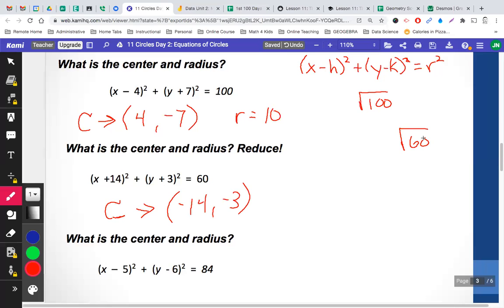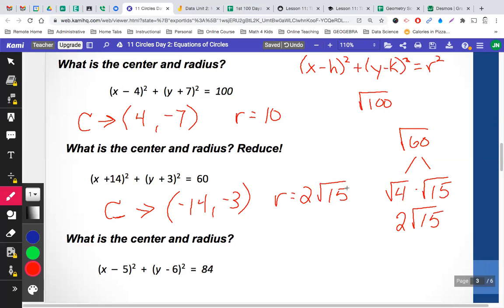Unfortunately, I think it's the smallest perfect square, or one of them. It's 4, and the square root of 4 is 2. So my radius is 2 radical 15.